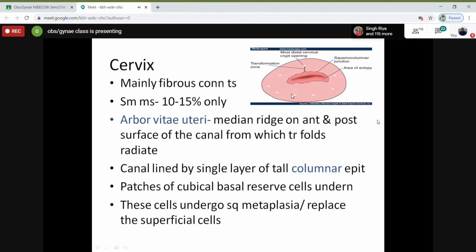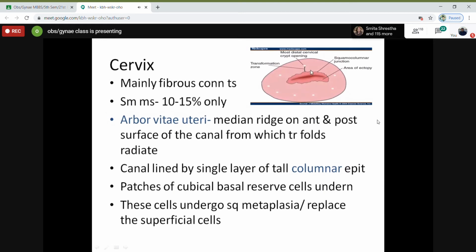This transformation zone might be only 1 millimeter in width, or it might become 10 millimeters, depending upon the hormone level. So these dots might go in, or they might come out. It might increase or it might decrease.